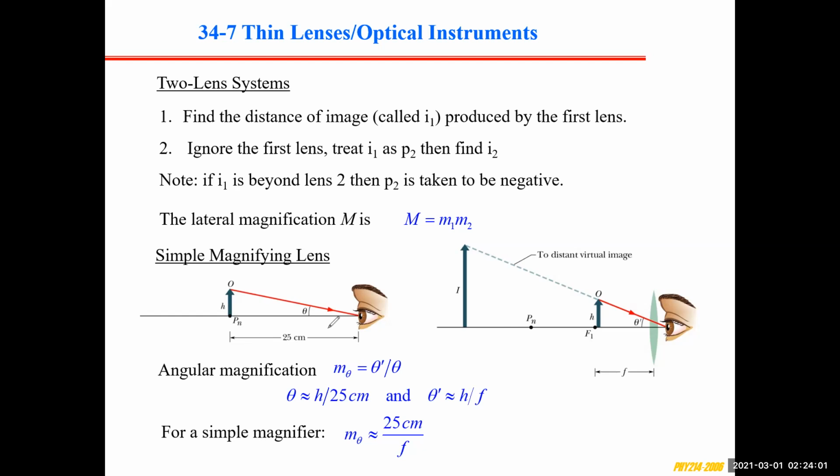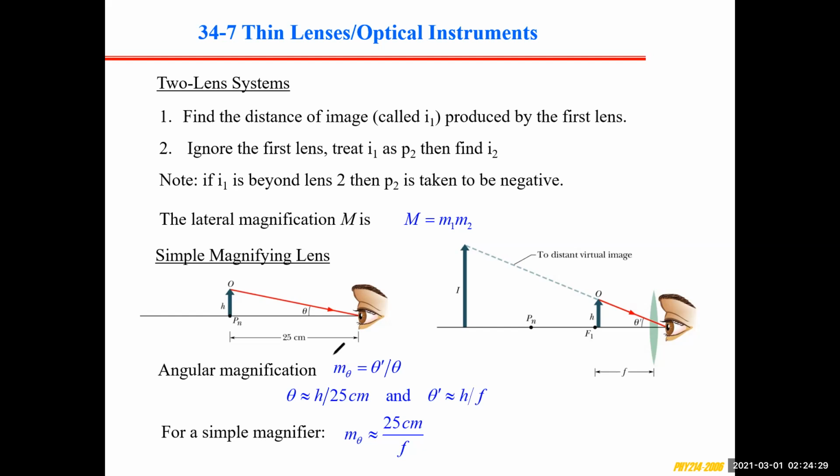Let's say when you get older, you can't see things clearly, so you want to use a magnifying lens to see it better. We would place a magnifying lens in front of our eye, and then this object will produce an image that is enlarged and is virtual, on the same side where the object is. So how much is being magnified?